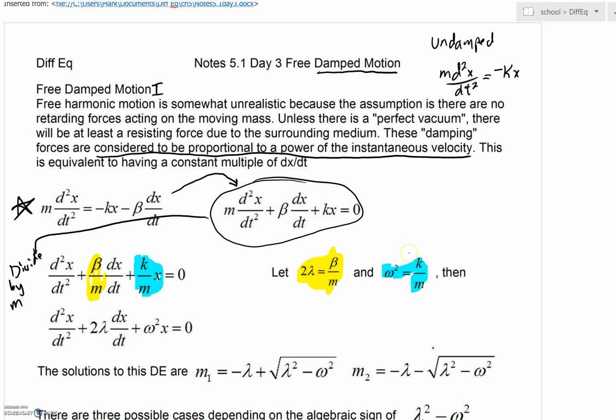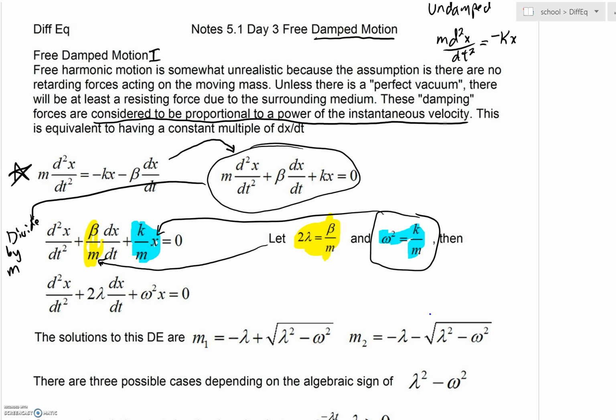But you might remember when we had k over m in blue here, we wanted to redefine that as omega squared. With beta over m in yellow, we'd like to redefine that as 2 lambda. The reason why we're not just having a 1 lambda hopefully will become apparent in just a little bit, much the same way as having omega squared was very helpful in our first section. Having a 2 lambda will be helpful as well.